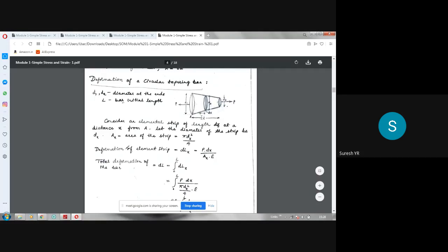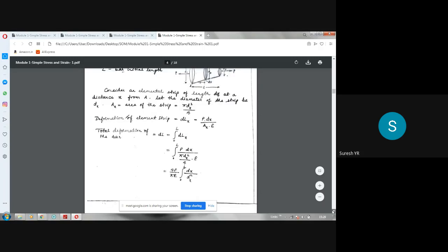For derivation purpose, we have to take an elementary length dx with diameter d suffix x at a distance x from the first end. And this is the derivation we have done. We considered the small length and found out the delta L for the small length, and then we integrate that between the limits 0 to L. That's the derivation. We have to go through that.